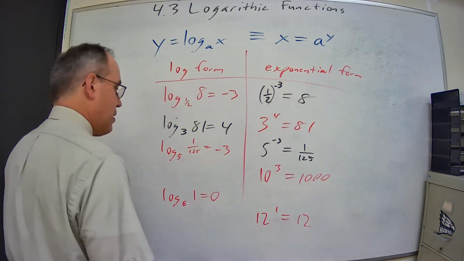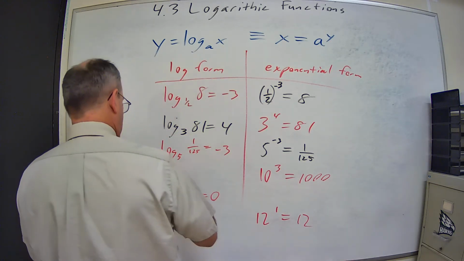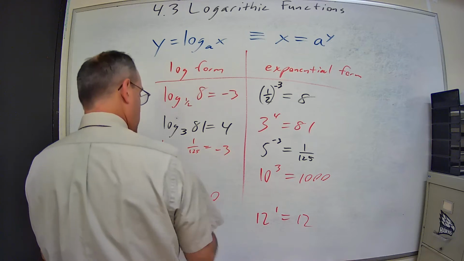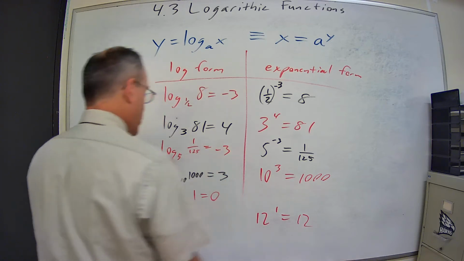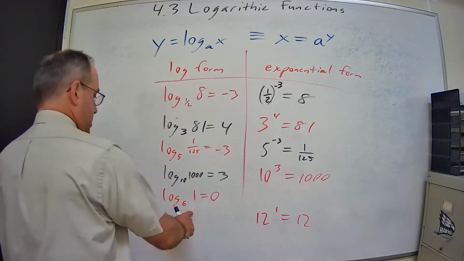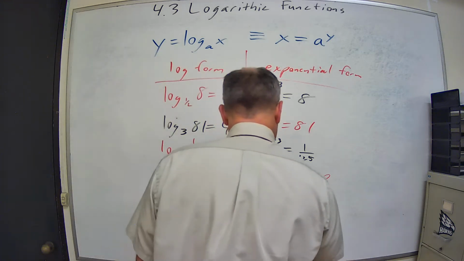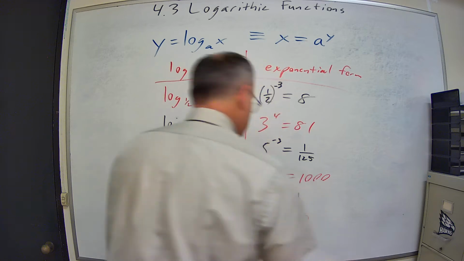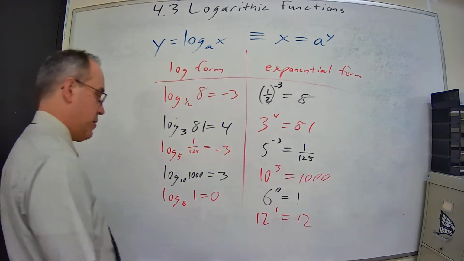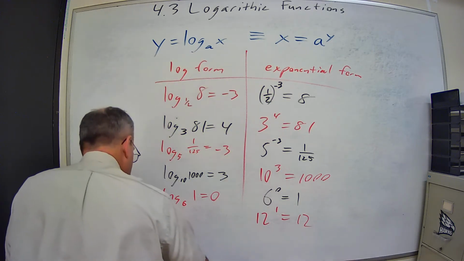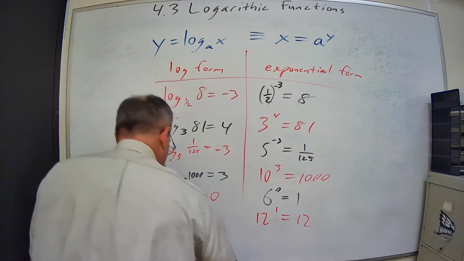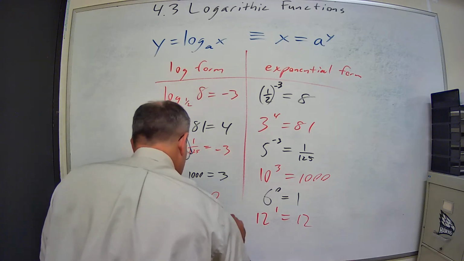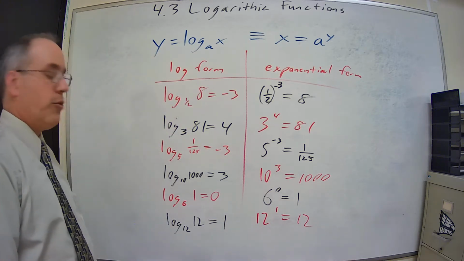Log base 10 of 1000 is equal to 3. 6 to the 0 is equal to 1. Log base 12 of 12 is equal to 1.